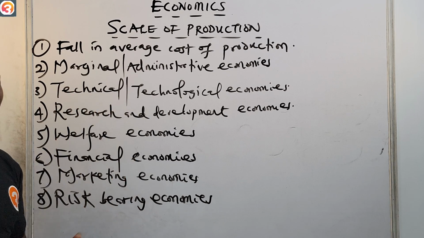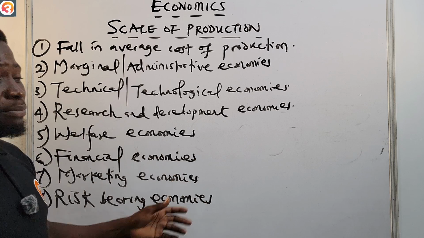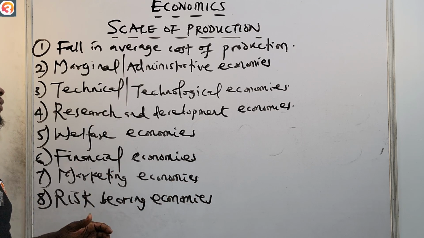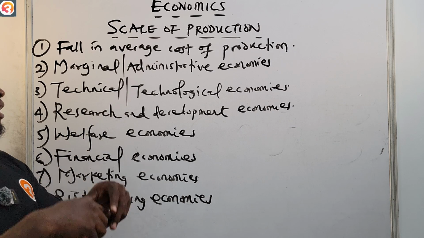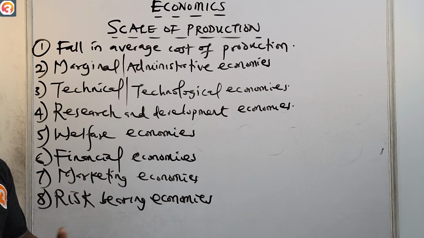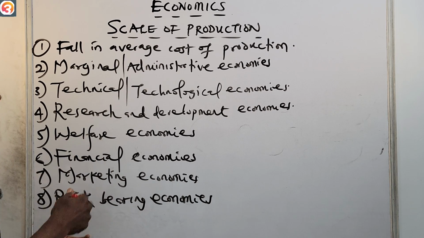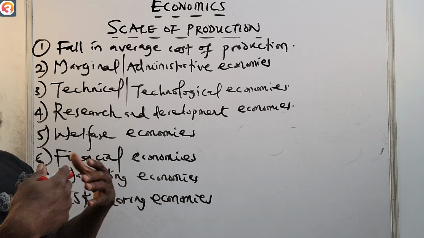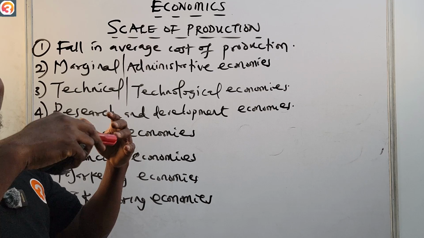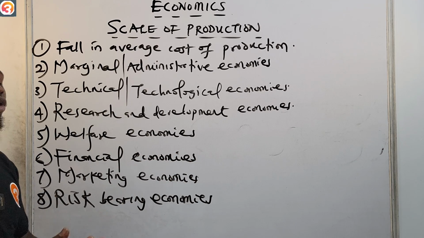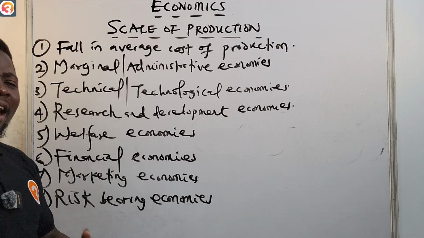Technical or technological economies, they can purchase the best machines and invest in the best technology to increase productivity. Then research and development economies, they can spend a lot of money on research to produce different products and services. Welfare economies, they can take care of their staff, organize paid trips, vacations, get-togethers and so on, just to make a happy staff.